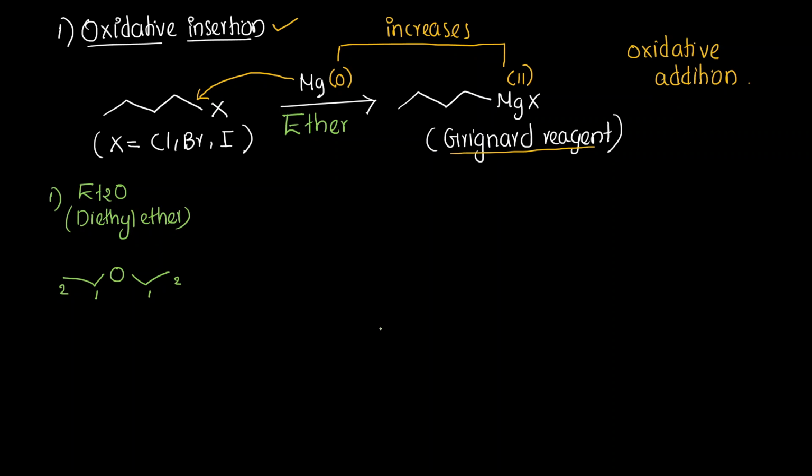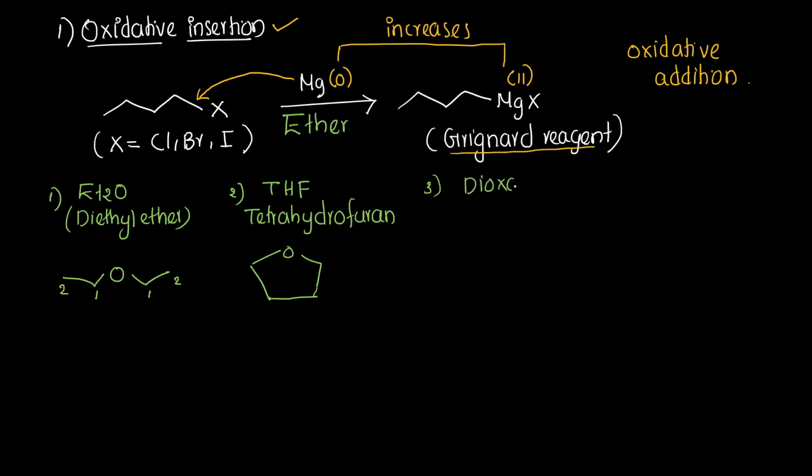And you can have the cyclic ether, that is the THF. We call it tetrahydrofuran. This is the cyclic ether containing a 5-membered ring.